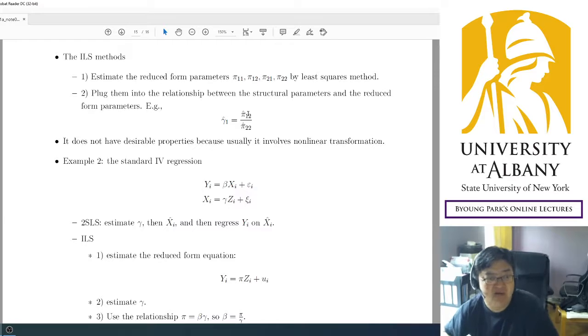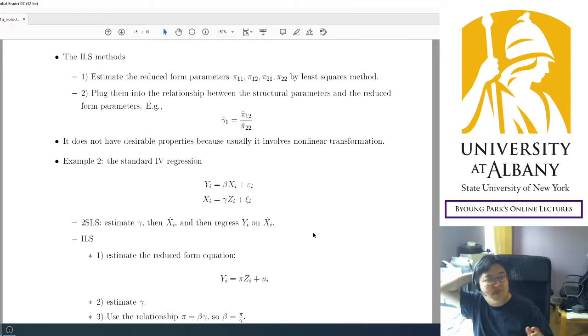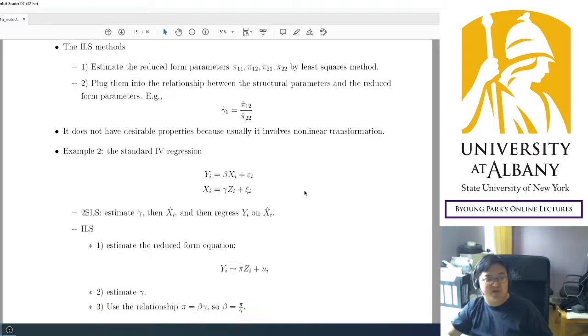Similarly, for example, think about the IV regression model, the standard triangular equations model. You may apply the same indirect least squares there. Some textbooks have this argument in teaching IV regression, but no one uses this method in practice. You can do the same thing.